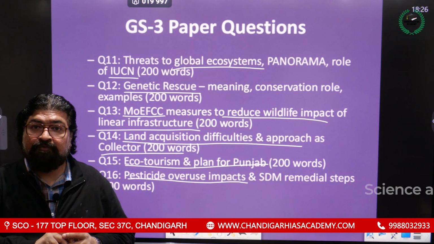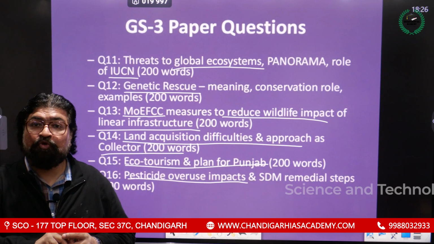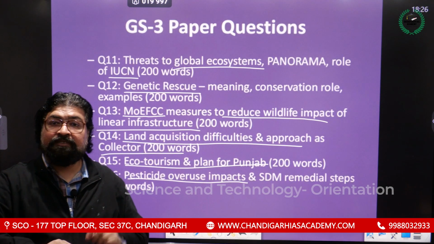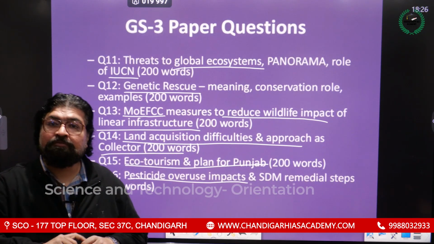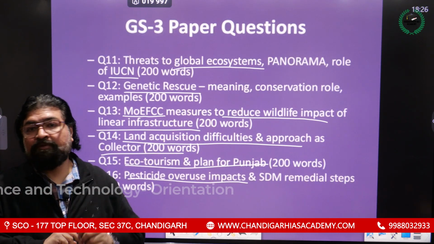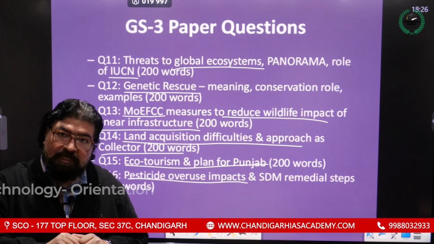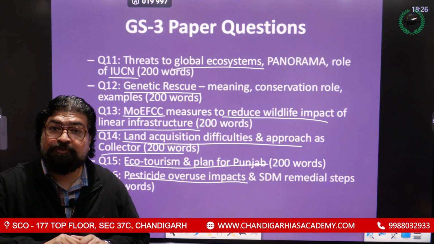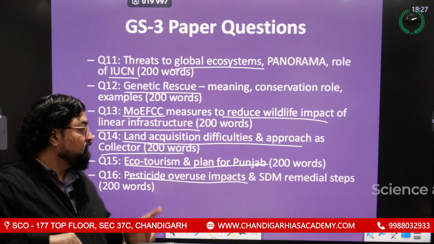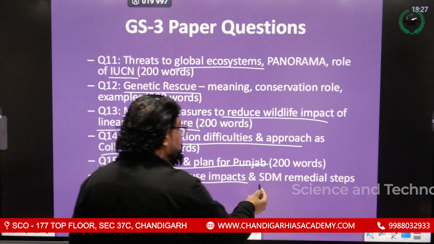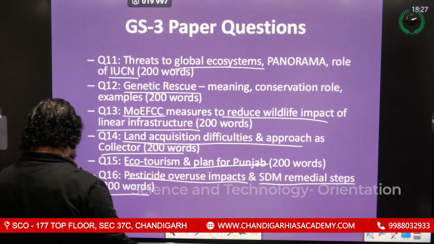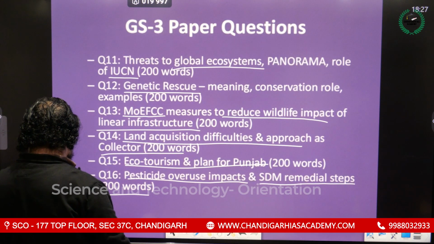And if you look from India's perspective, you know the problem with endosulfan in the state of Kerala, Kasaragod, right, where endosulfan was banned. But today in Punjab, many other pesticides are being used and they are carcinogenic, can cause cancer. So that becomes an SDM remedial step. How can we solve such a problem? 200 words, right? So this is where questions are there.